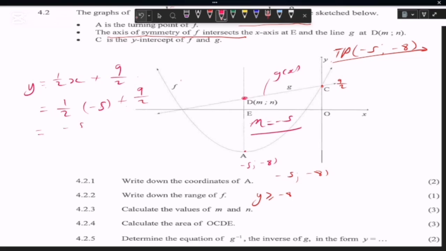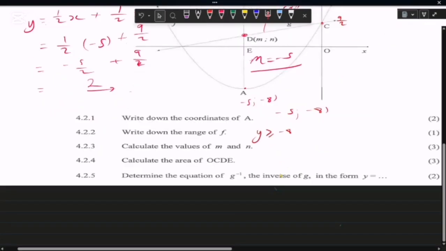It will be -5 over 2 plus 9 over 2. So we'll get 4 over 2, and then 4 over 2 will simplify to 2. Okay, so our answer is 2. So the y value at D is equal to 2. So in other words, the coordinates for D are (-5, 2).